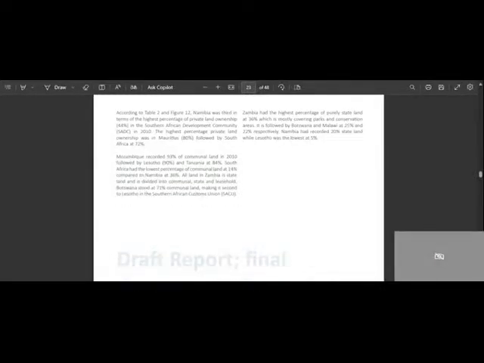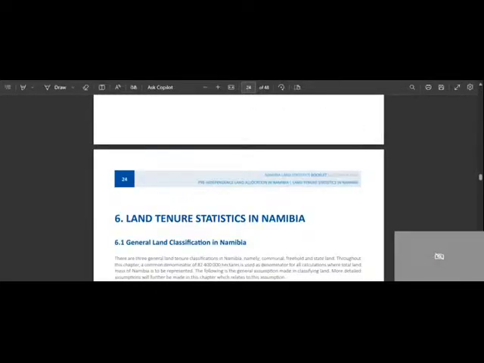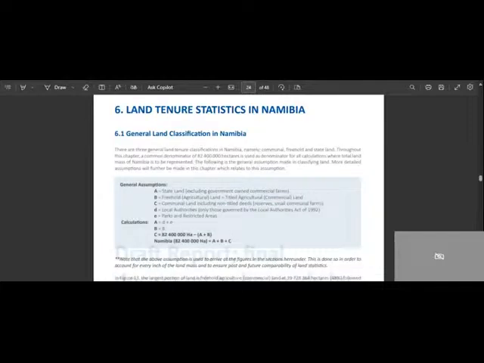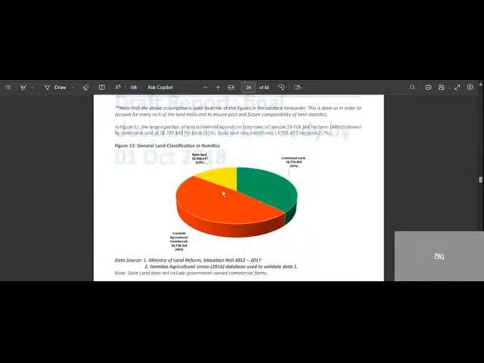Let's move. We have 4 million hectares. Now, this one is even showing better. The state land is 18.9 million.